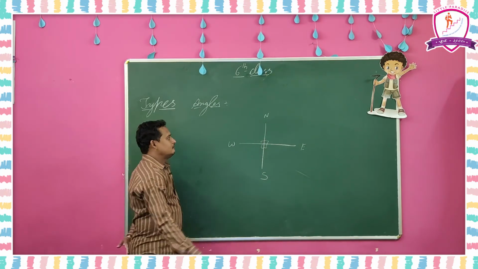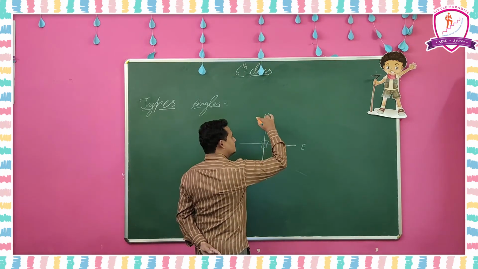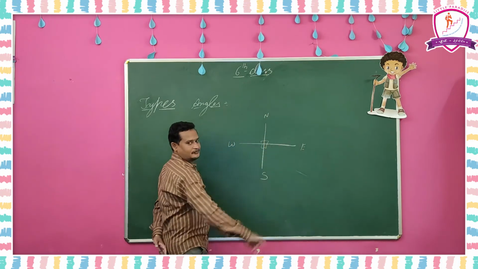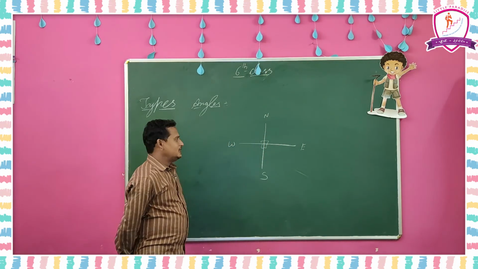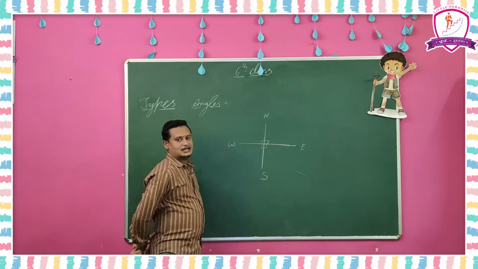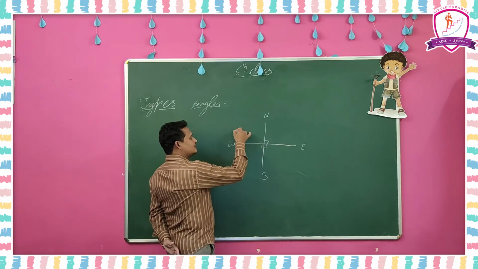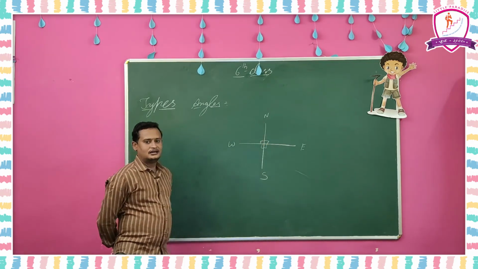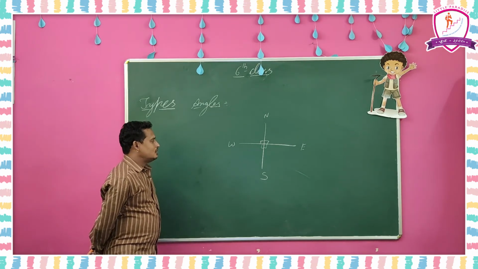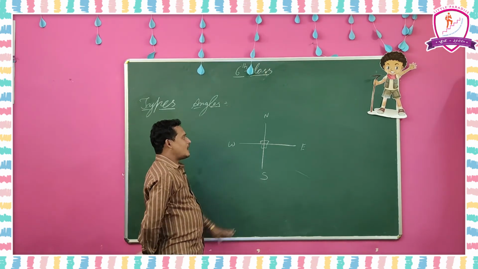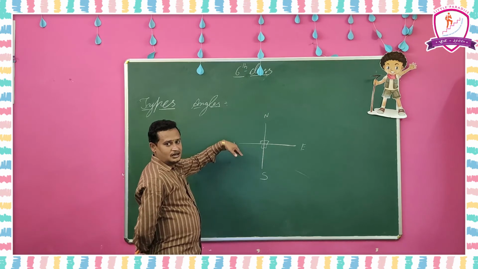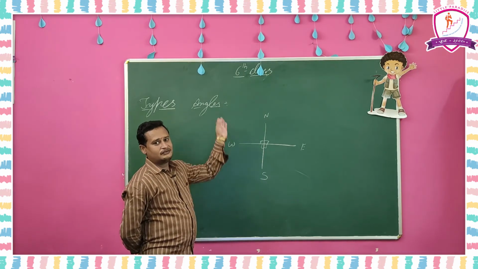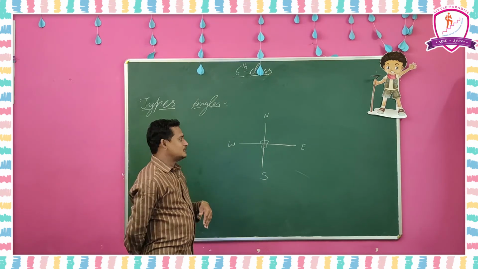So here when you turn from north to east it will become 90 degrees. North to west will become 90 degrees. So if I start from north to west clockwise, how many degrees are completed?